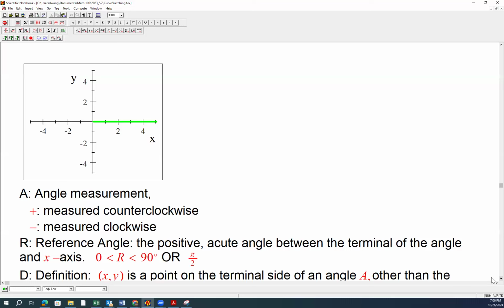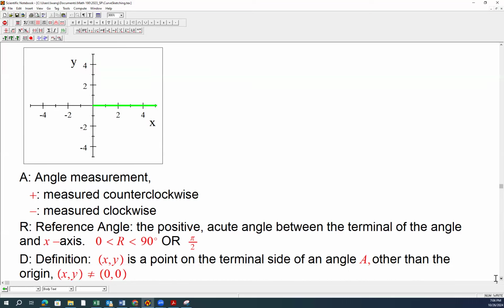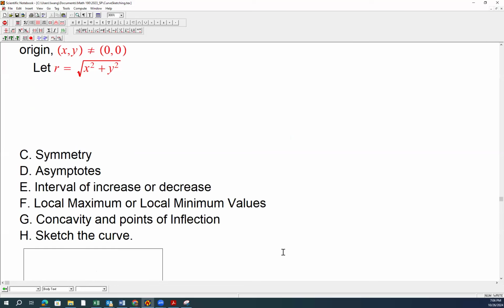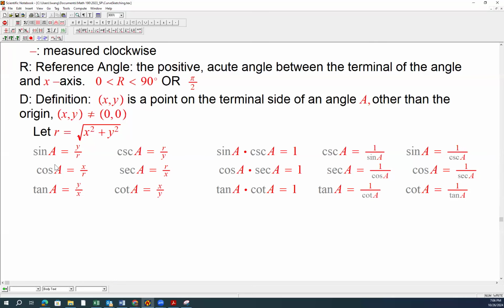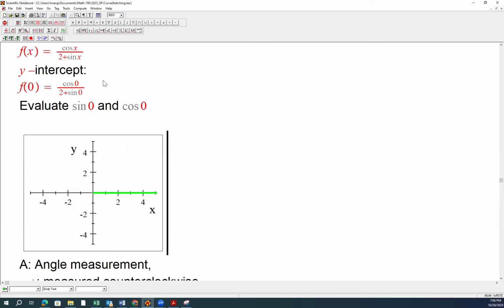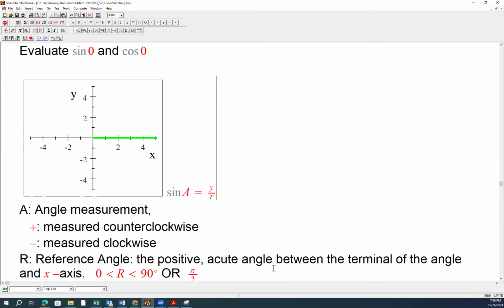The terminal side and the starting line are the same. So how do we find the sine value and cosine value? I'm going to bring the definition of sine and cosine here.